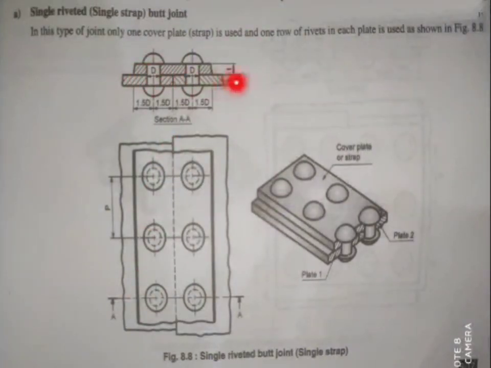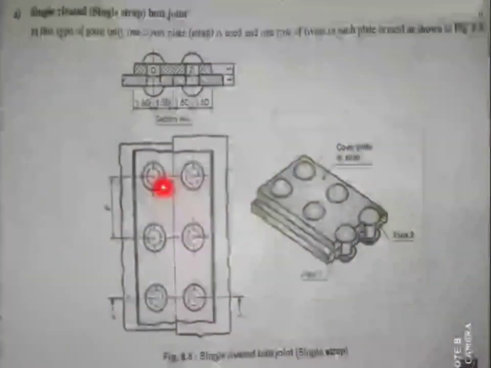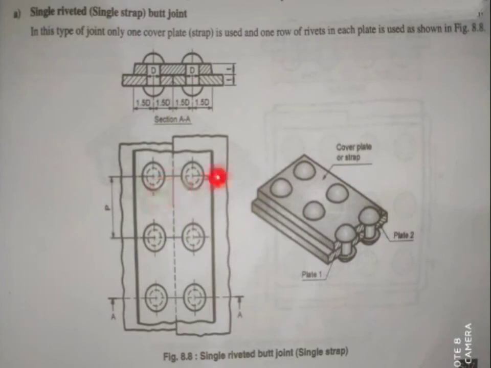Here this is the strap, which contacts both plates and is beveled here, and holes are drilled. This is plate number 1, this is plate number 2, and over them is the strap or cover plate. Here we draw the center line where the hole is drilled, and we put the rivet here and do the riveting process.